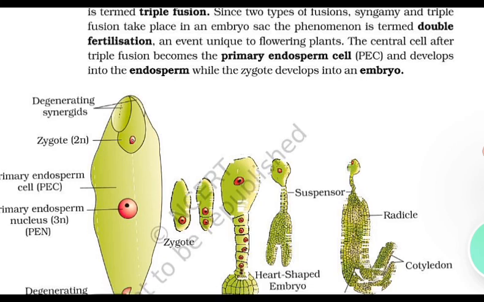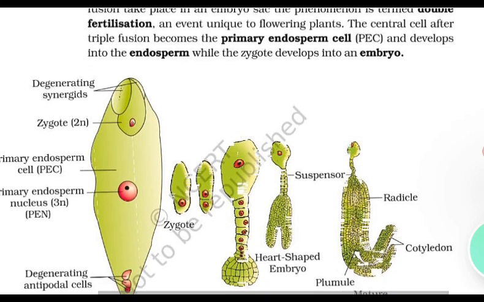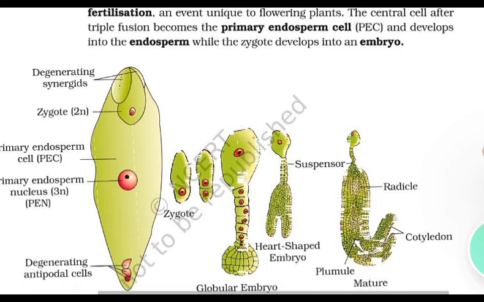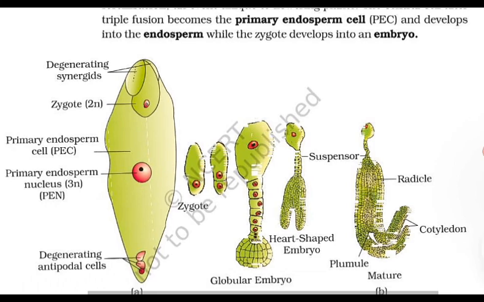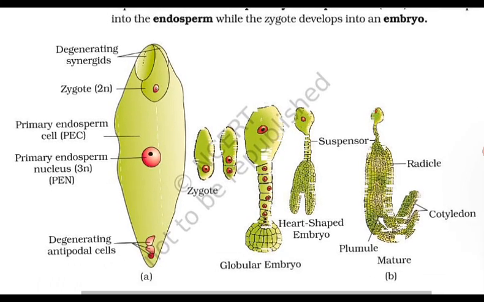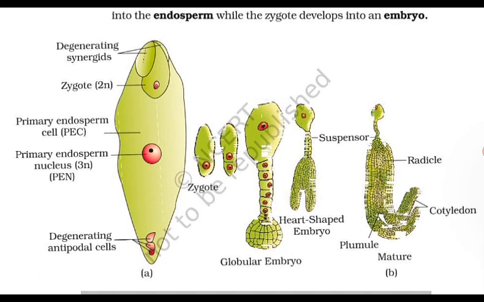Okay. Flowering plants have developed many devices to discourage self-pollination and to encourage cross-pollination. In some species, pollen release and stigma receptivity are not synchronized.